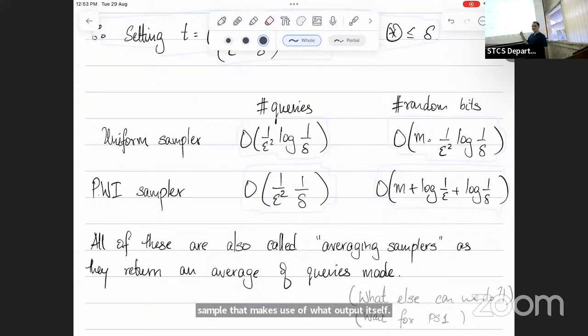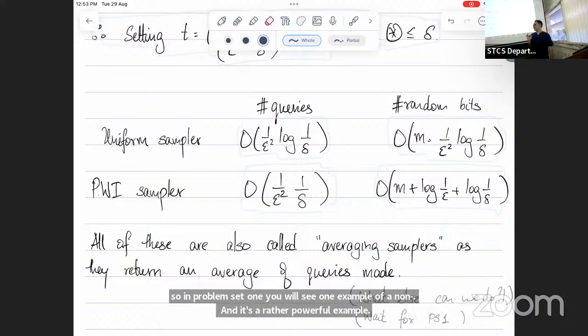With respect to samplers, there is also a really nice write-up by Oded Goldreich, called a sampling of samplers, which talks about the build-up of these samplers. In problem set 1, you will see one example of a non-averaging sampler, and it's a rather powerful example.